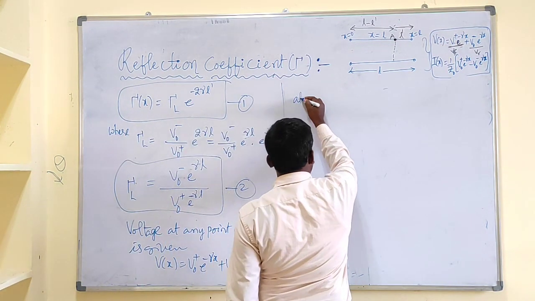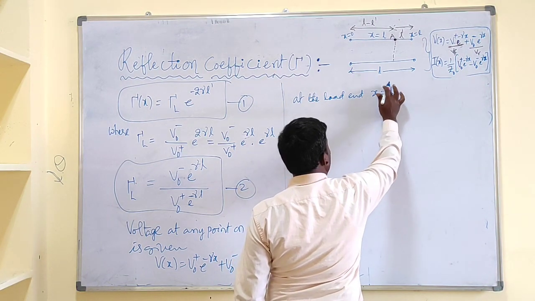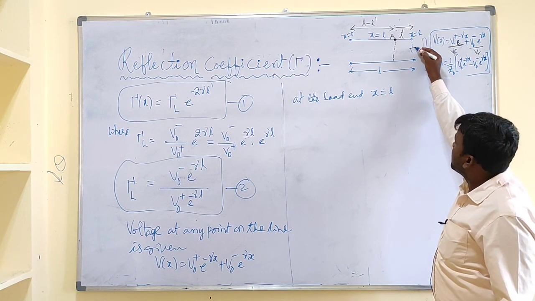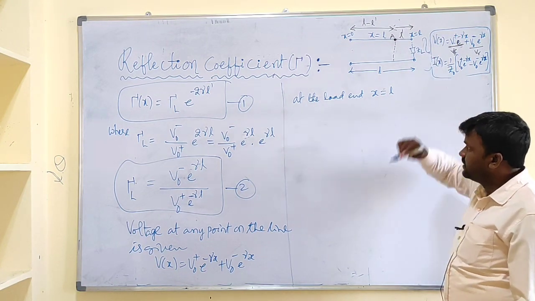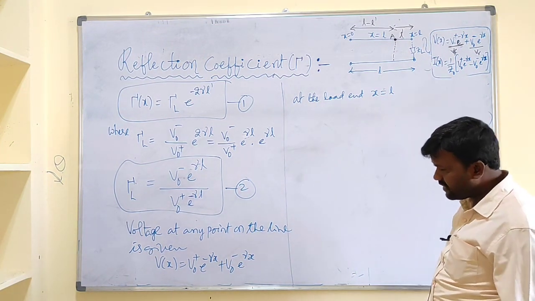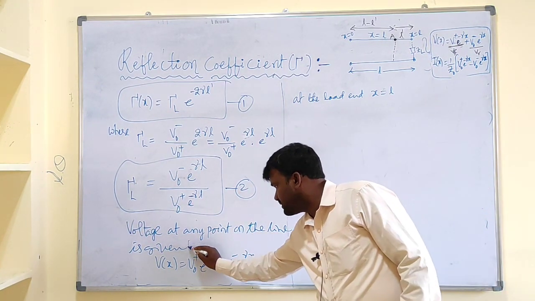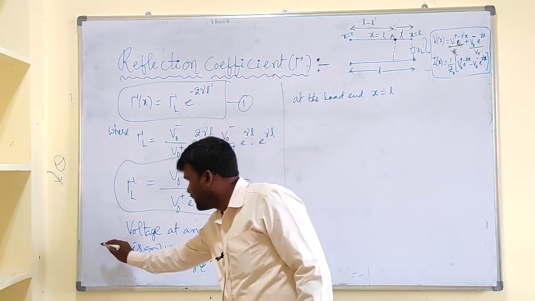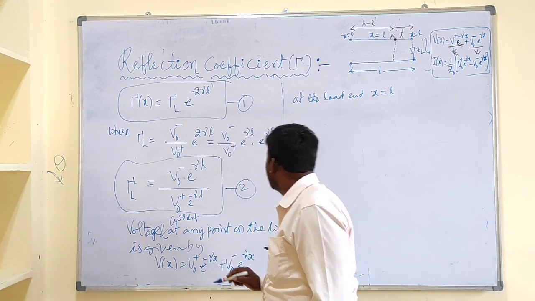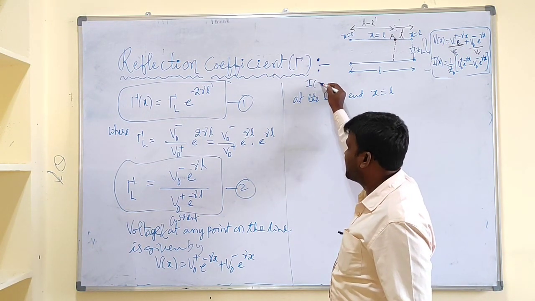At the source end x equal to 0, at the load end x equal to L. This is the load; here we can connect our load of impedance ZL like this. Voltage and current at any point on the line are given by V of x as above, and we require both equations.